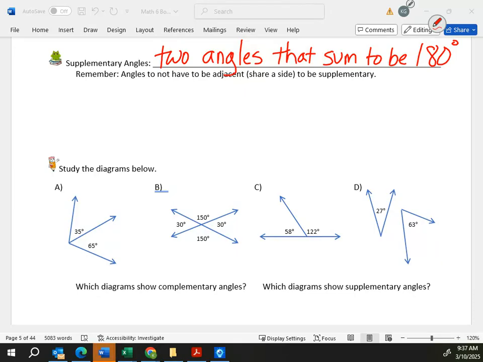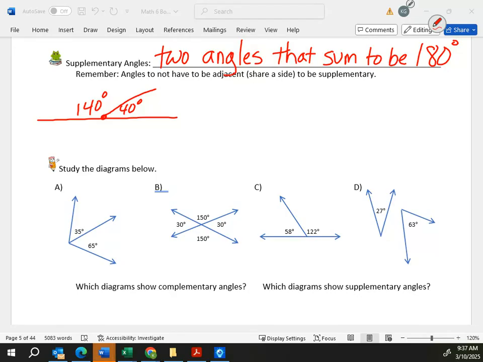Now remember that 180 degrees is that straight angle. So a straight line. And it's going to be two angles. Or if I draw my line, I could have 140 degrees and 40 degrees. Doesn't matter when we draw that line what our two angles are, as long as they sum to be 180.